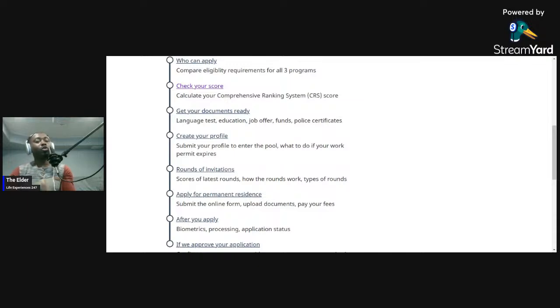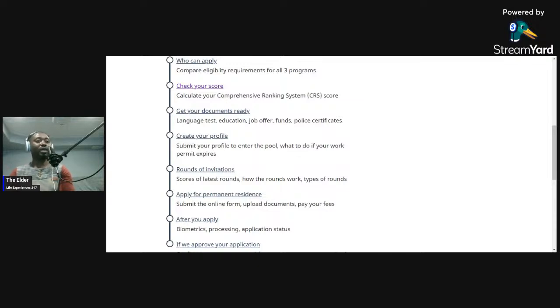So even though it is not required for your initial application, it is better to do that first. So when I was doing mine, the first thing I did was check my score, as I said, and I knew if I get good scores in IELTS, I could easily get in. And then afterwards, I did my IELTS to make it official, and then I checked my score again.